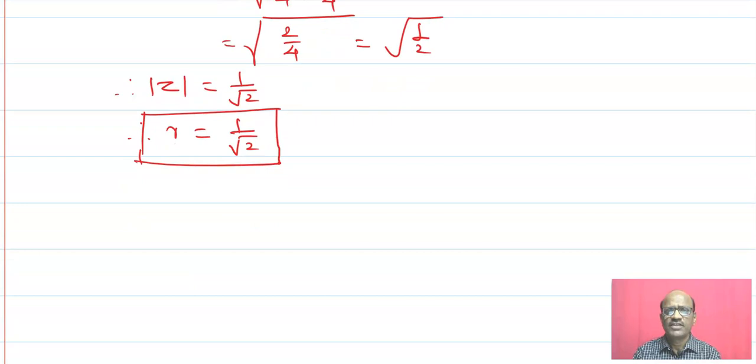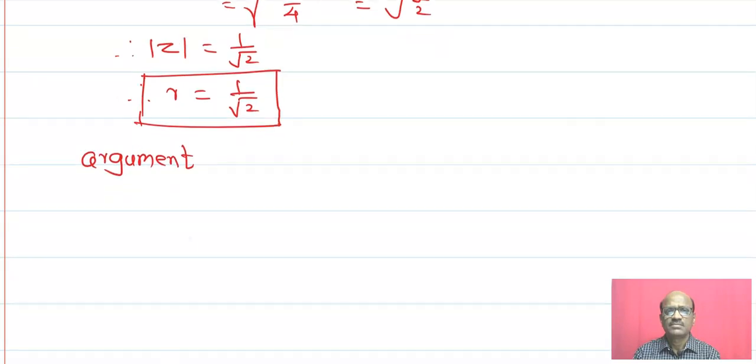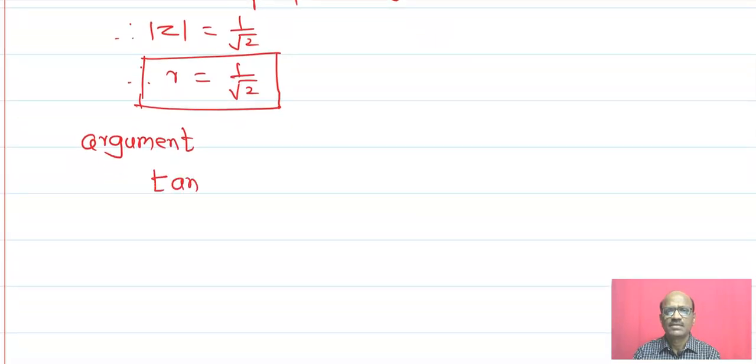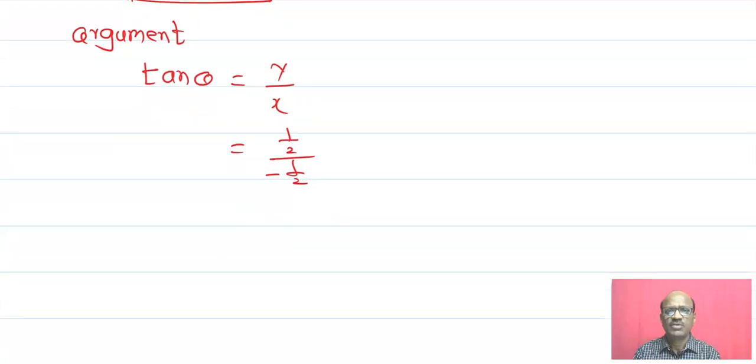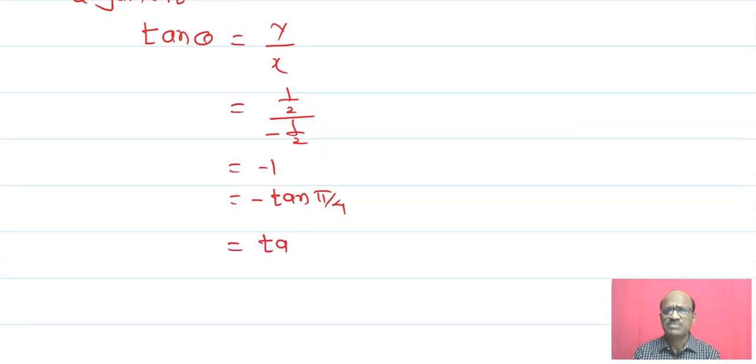And next we want to find out the amplitude also, that is the argument. It is tan of theta equals y upon x. That is 1 upon 2 over minus 1 upon 2. It's a minus 1. Now see this. What I had written. 1 means what? Tan of pi by 4. Absorb the negative sign.